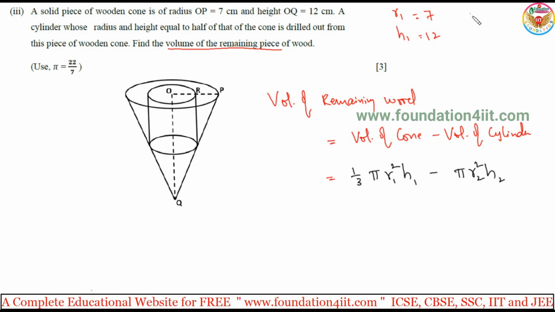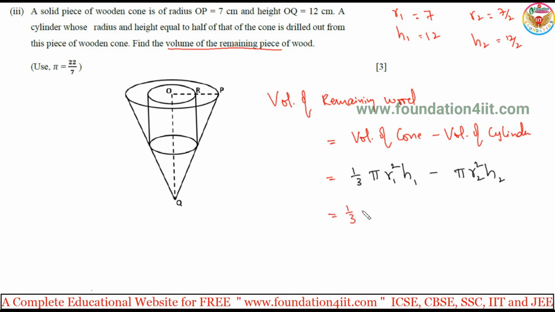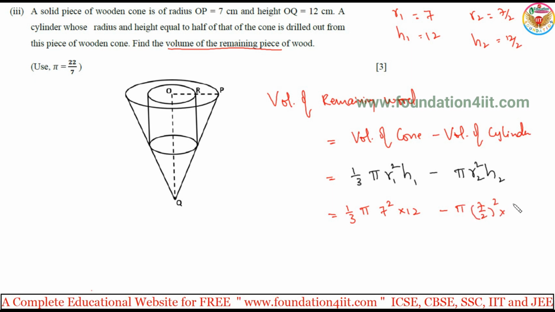So r2 and h2 are exactly half. So this is 7 by 2 and 12 divided by 2. Just apply in this problem. So 1 by 3 pi r1 square, 7 square into 12, minus pi r2, 7 by 2 square, into h2, which is 12 by 2. Simplify, then cancel, get the answer.